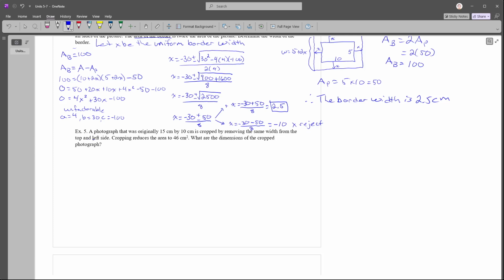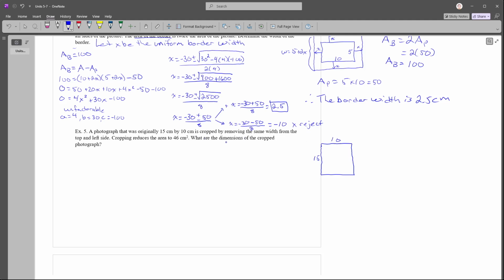Okay. So we have a photograph that was originally 15 centimeters by 10 centimeters. Okay, so let's draw that photograph. So that photograph was, let's say we draw it like this. All right, so let's say it was 15 centimeters in this dimension and 10 centimeters in this dimension.